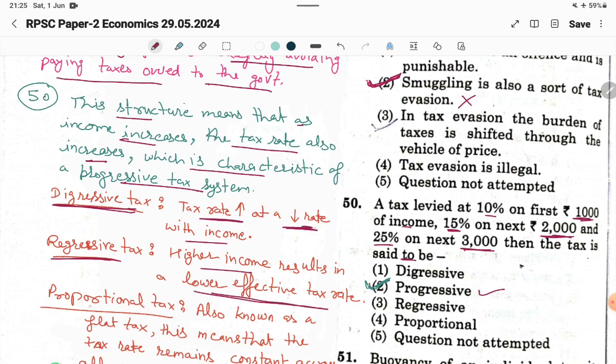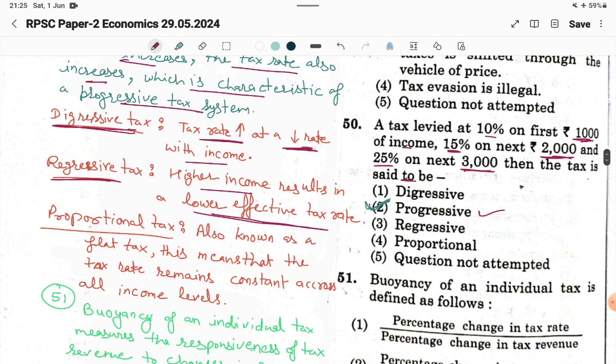As our income increases, the tax will be reduced. And the proportional tax, also known as a flat tax. This means that the tax rate remains constant across all income levels. As our income increases, our tax rate will be the same. The tax amount will increase, but the rate of tax will be the same in a proportional tax. So it is also known as flat tax.